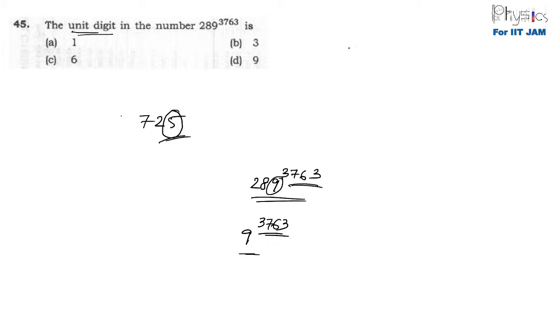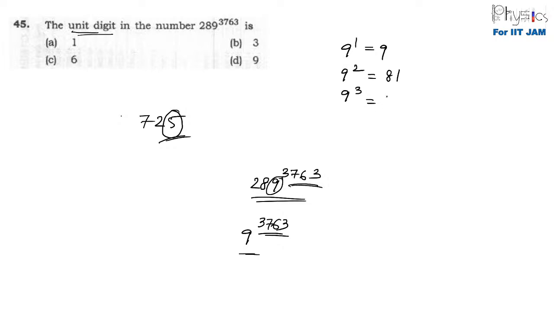See, if we calculate 9 to the power 1, what it gives? 9. If we calculate 9 to the power 2, that is 9 square, it is 81. If we calculate 9 to the power 3, what it gives us?